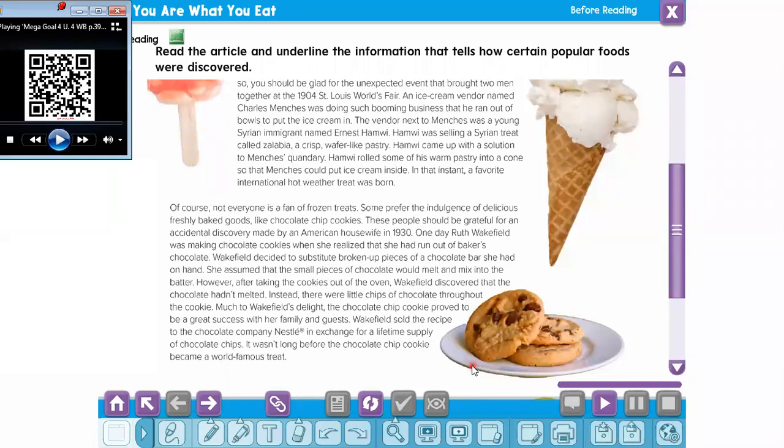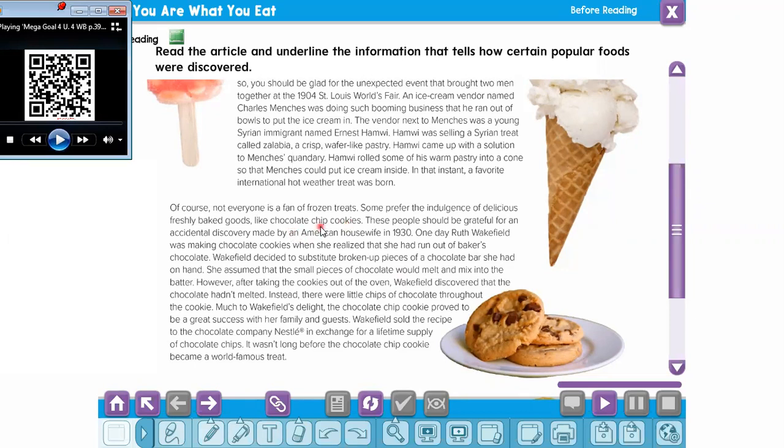No, I'm asking what kind of food did she discover. He discovered that the chocolate hadn't melted. Excellent. That is, the chocolate chip cookie.